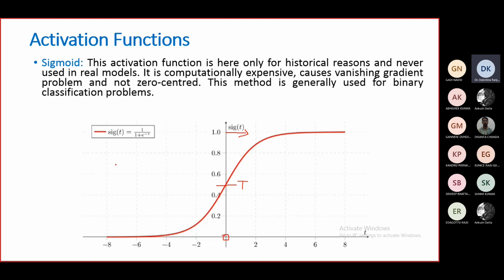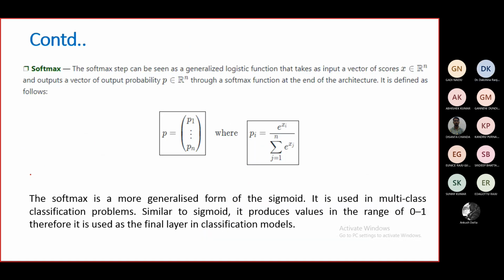Now, if we take the derivative of the sigmoid function, the derivative is not found to be monotonic, but the sigmoid function itself is a monotonic function, and it is a differentiable function.